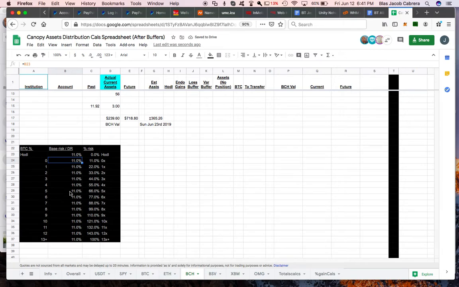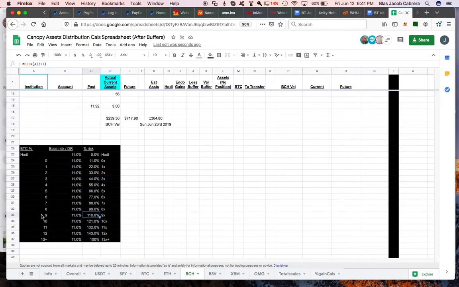Bitcoin is usually more stable than BCH. So depending on each cryptocurrency, its general stability level over the course of a month or a quarter would be the basis for the risk, and then based on the leverage level, you get the risk percent.